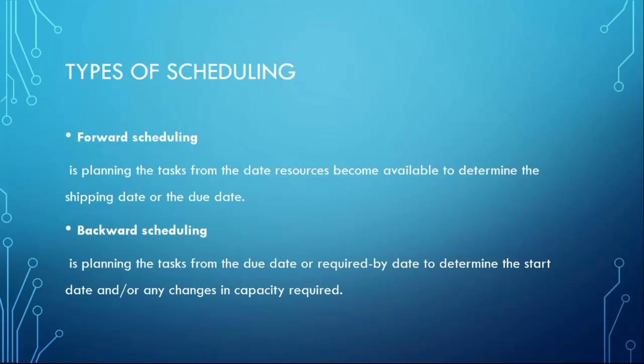Now, the forward scheduling tells us when we're expected to start an activity and the availability of resources. Okay, so it is planning a task from the date resources become available to determine the starting date and also the finish date. So that's forward scheduling.